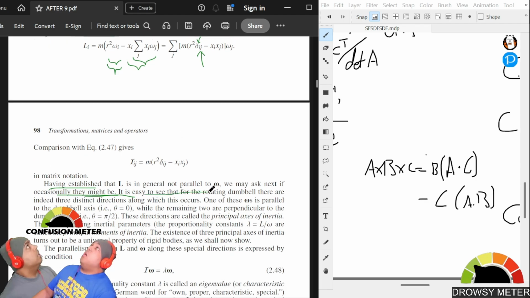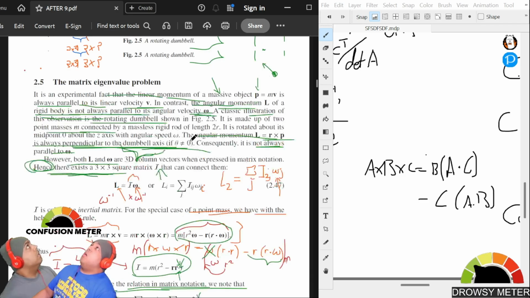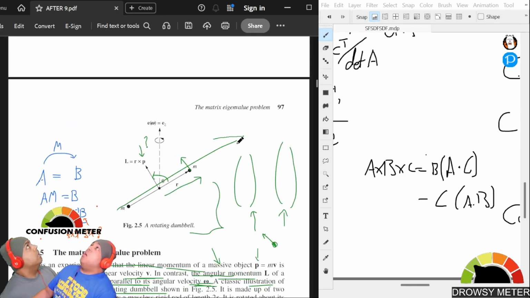It's easy to see that for a rotating dumbbell there are indeed three distinct directions along which this occurs. One of these is omega parallel to the dumbbell axis, theta equals 0. Parallel to the dumbbell. What is the dumbbell axis? Is the dumbbell axis this axis?